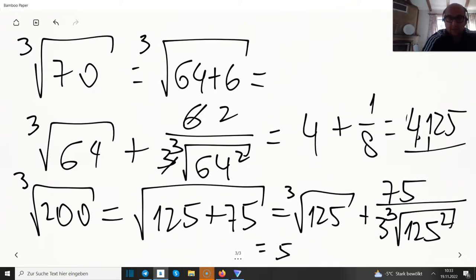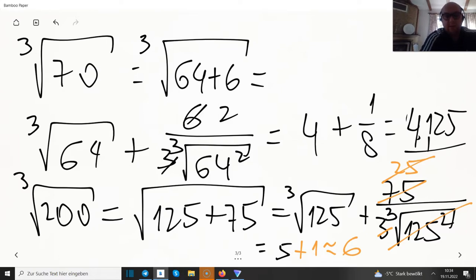I'm not making the same mistake I've made before. 75 and 3 give me 25. The cubic root out of 25 is 5, and squared it's 25 again, so these two are cancelled as well. So that would be 1. So that's around 6. Well, 6 cubed is 216, so it's not that fine.